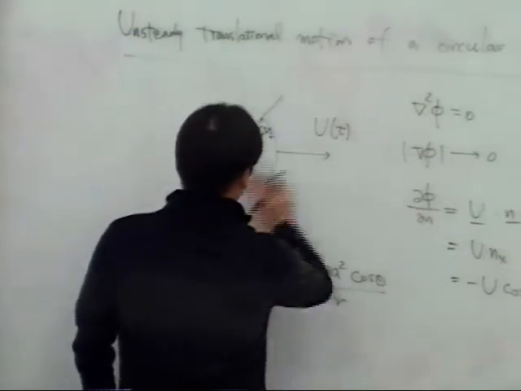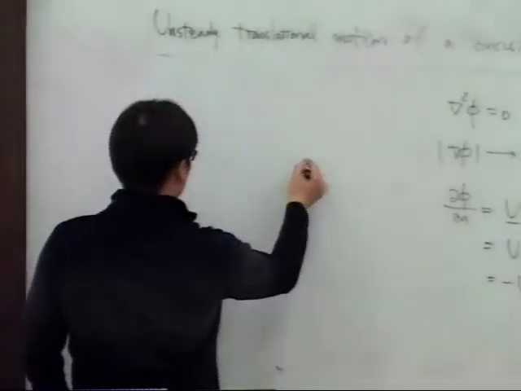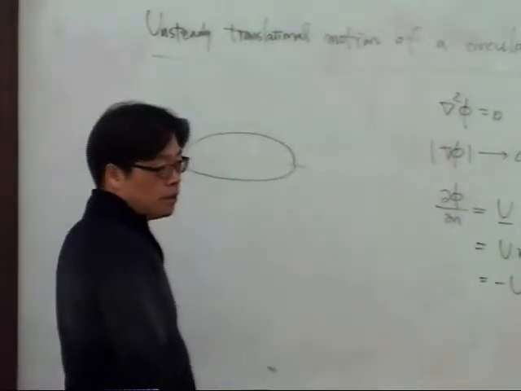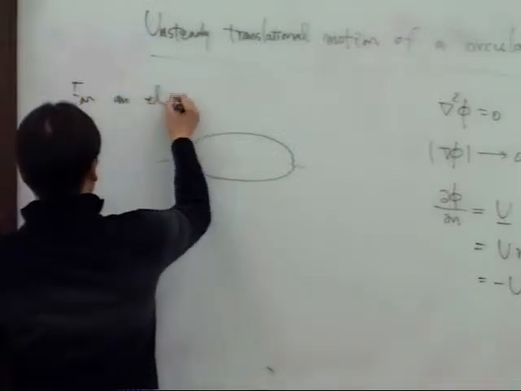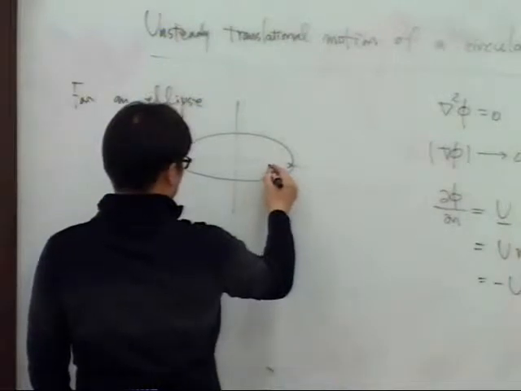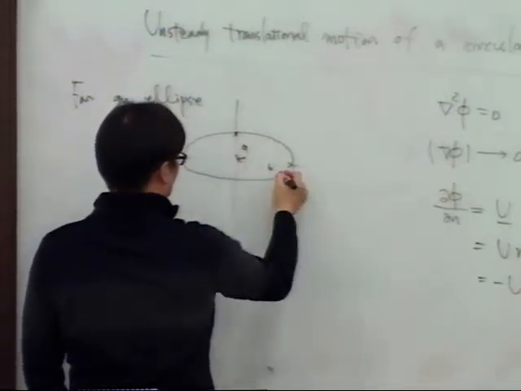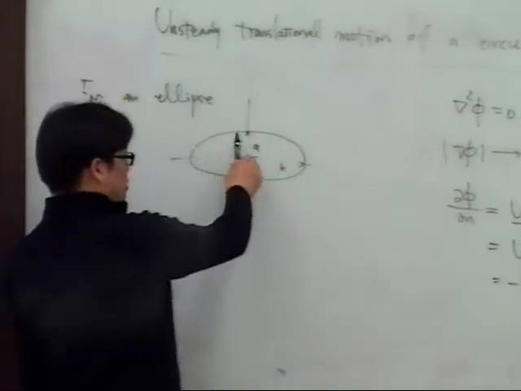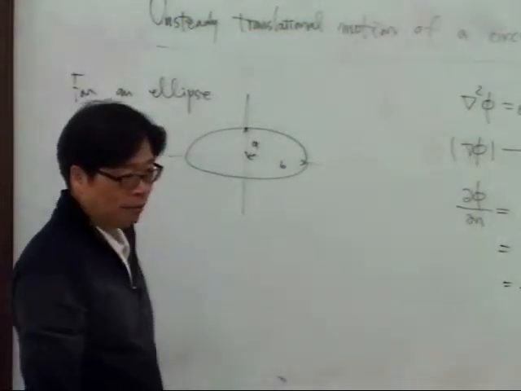But on the other hand, if you have a body like an ellipse, for example, whose major axis is, let's say, B, and this one is A, then definitely when this guy is moving this way and that way, they will have a different hydrodynamic force, right?